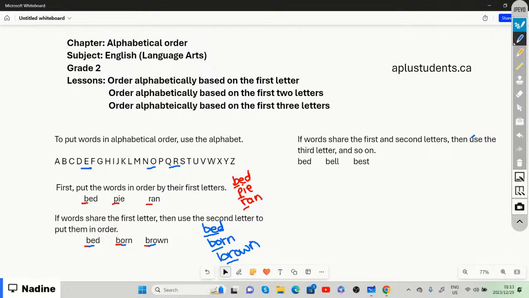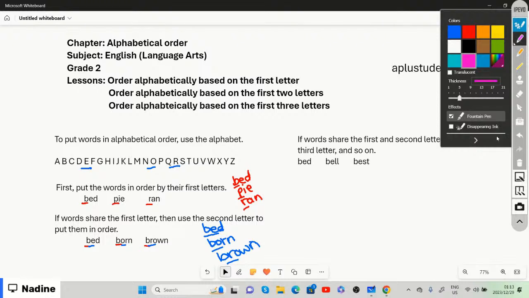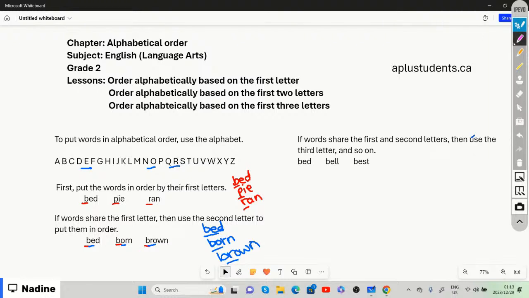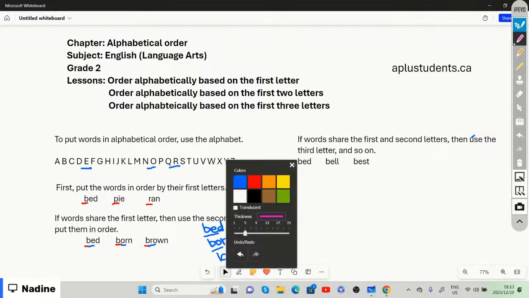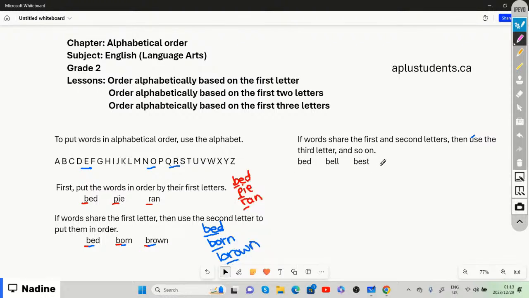But then if we have a case where words share the same first and second letter, then we need to use the third letter, and so on. For example, we have bed, we have bow, and we have best.